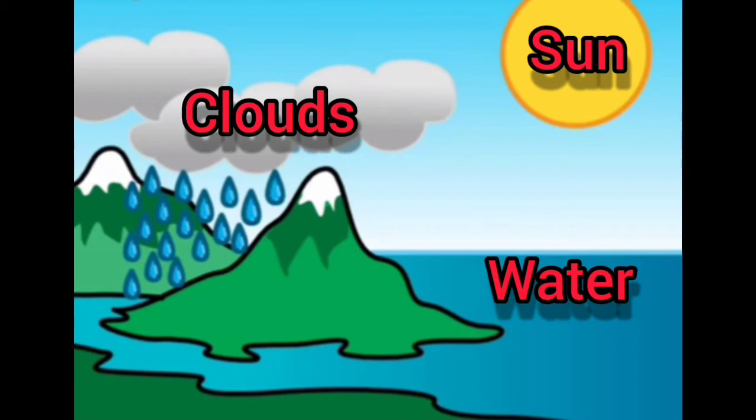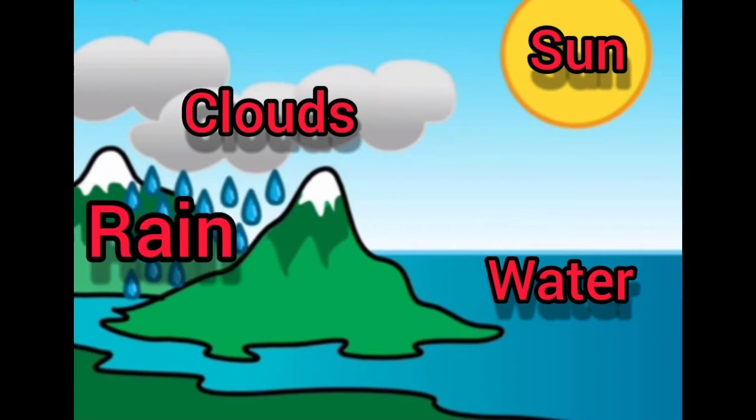When the clouds become too heavy due to excess amount of water, they spill water and it rains. And this is how the rivers and ponds and all other water bodies get water again.